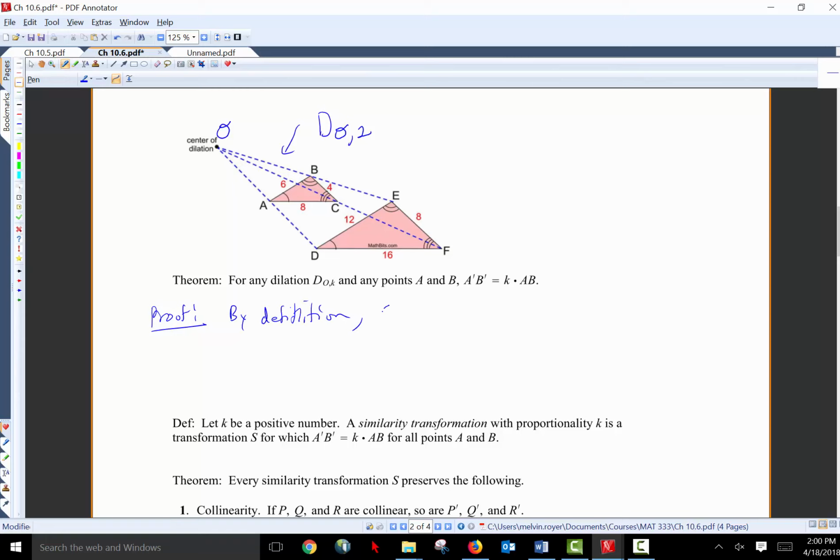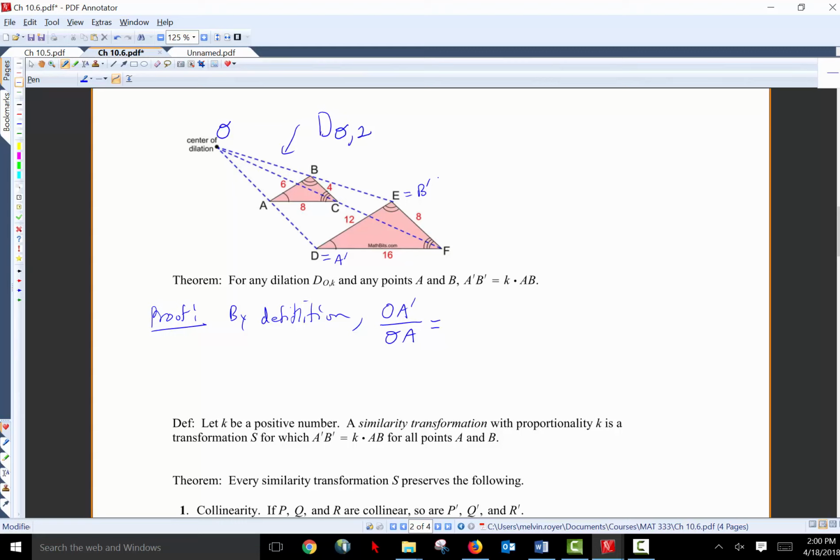By definition, let's look at the ratio of OA prime to OA. Let's label that: D is A prime and E is B prime.